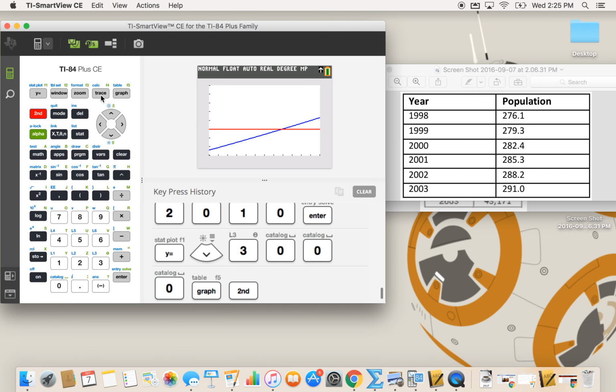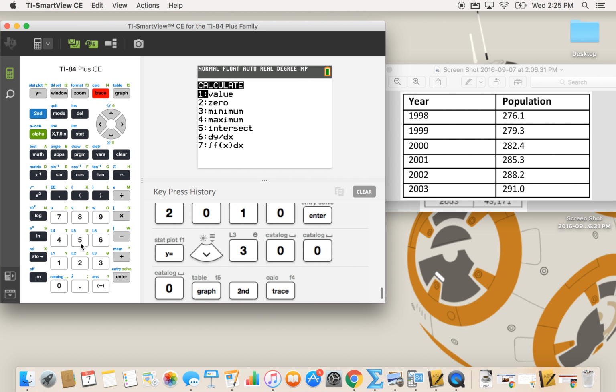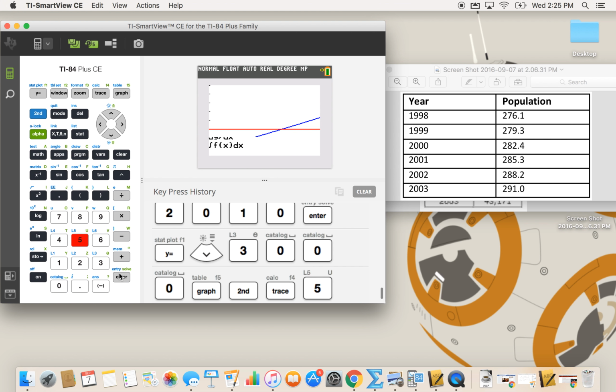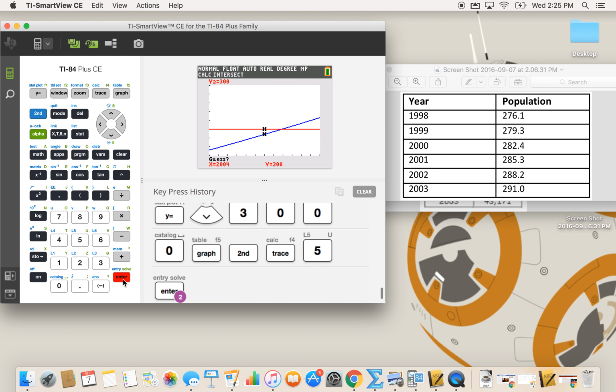So I would press second calc, intersect number 5, and just enter, enter, enter. And it tells me 2005.8. So just towards the end of 2005 is when our population would be over 300. Okay, so that's how you do that.